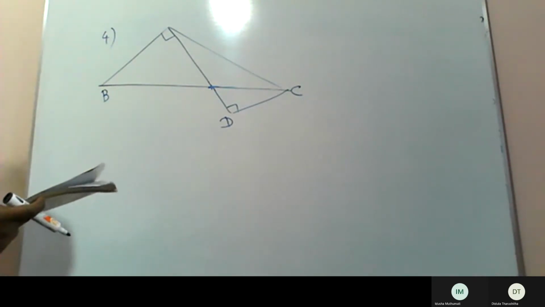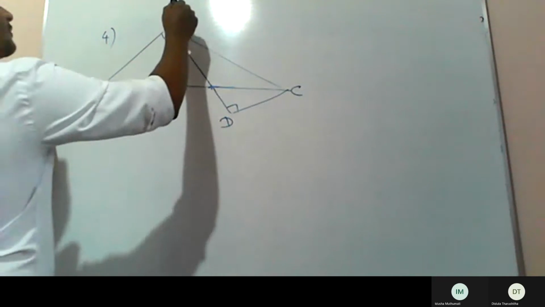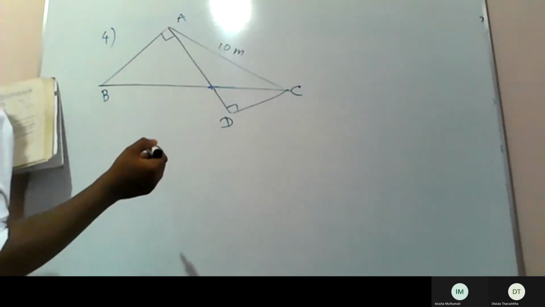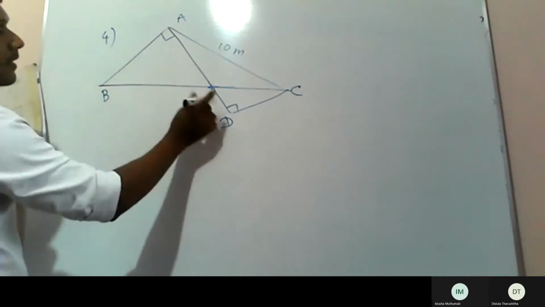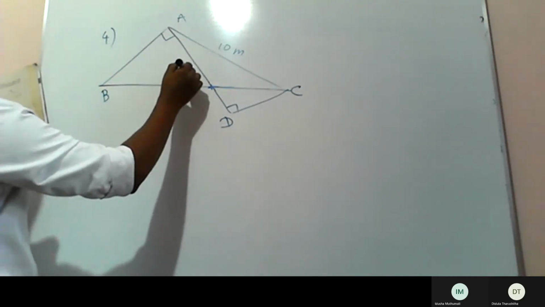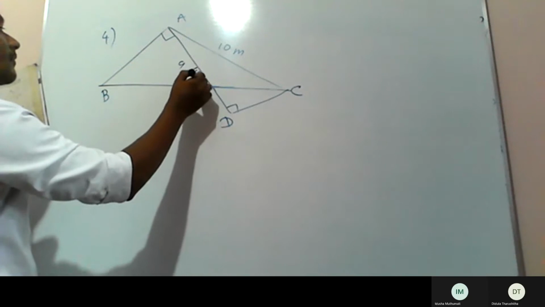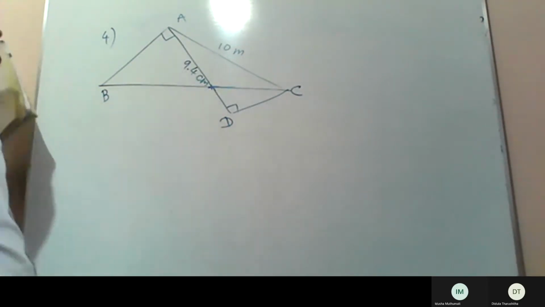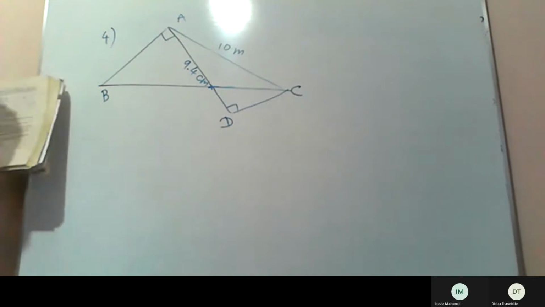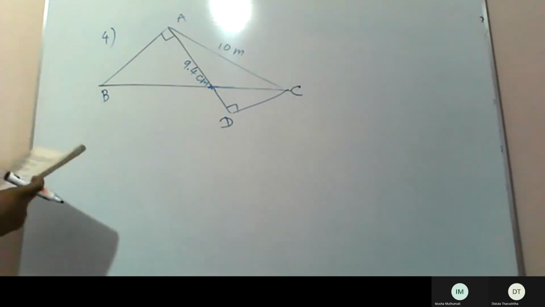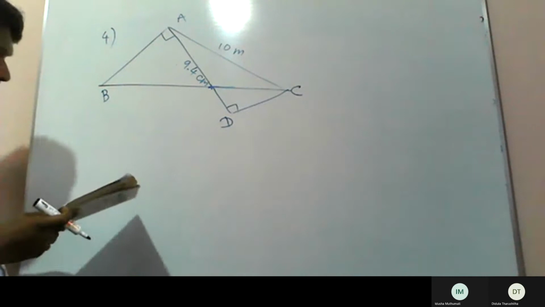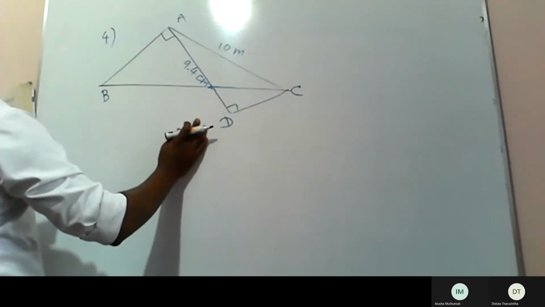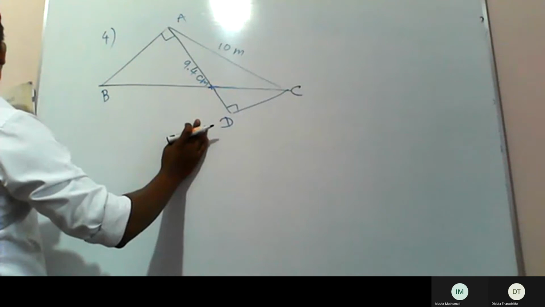AC is 10 meters and AD is 9.4. By considering the triangle ACD, find the magnitude of ACD.